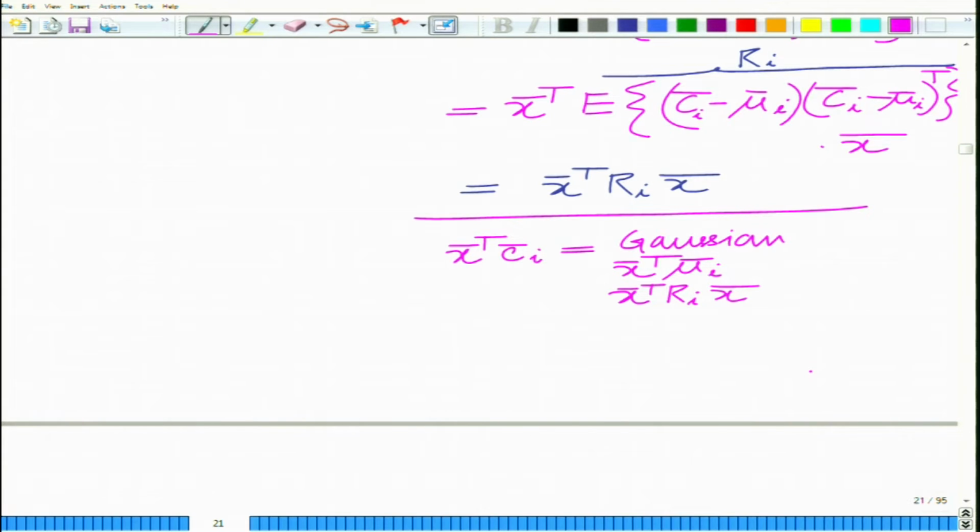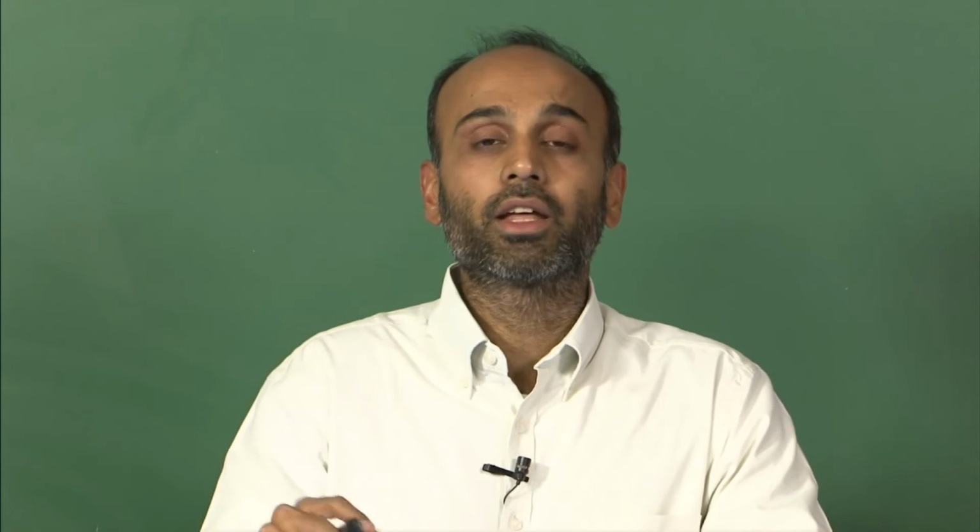And now remember, our constraint involves a probability. So, now let us find the probability that x bar transpose C bar i is indeed less than or equal to di. Alright.